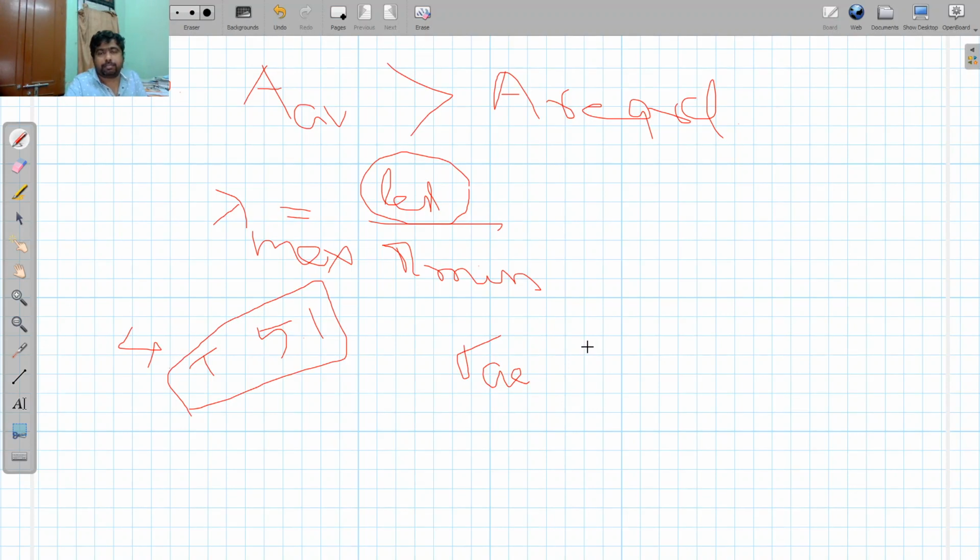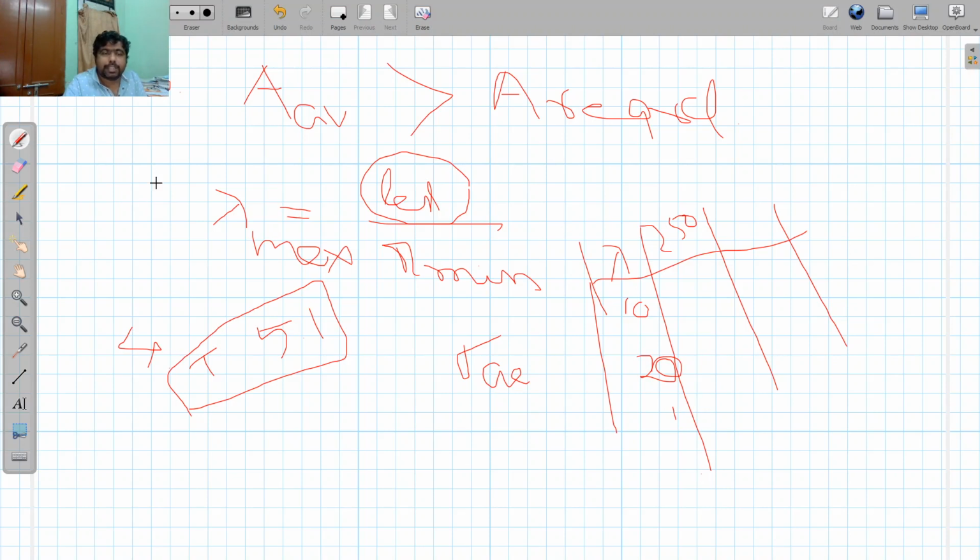As I discussed in the previous class, this table comprises two important parameters: the lambda value and the different grades of steel. In our case we are using Fe250 steel. On this side you will find lambda values given as 10, 20, and so on. See what lambda value you got and find the corresponding sigma sc value from this table. With respect to Fe250 steel and the corresponding lambda value, get the value of sigma sc. If you do not get it directly, then do the interpolation.